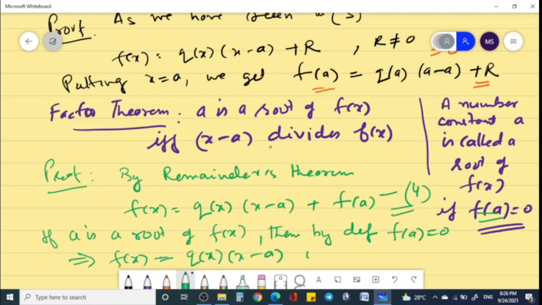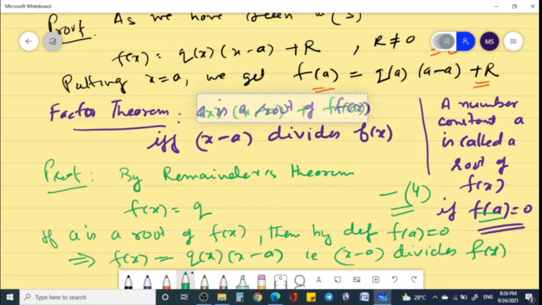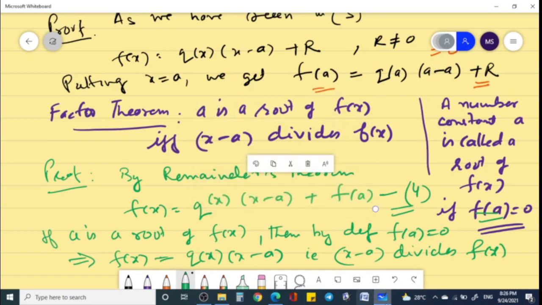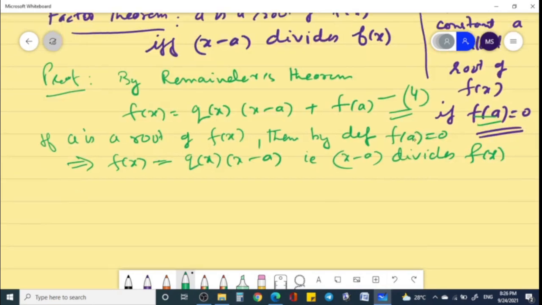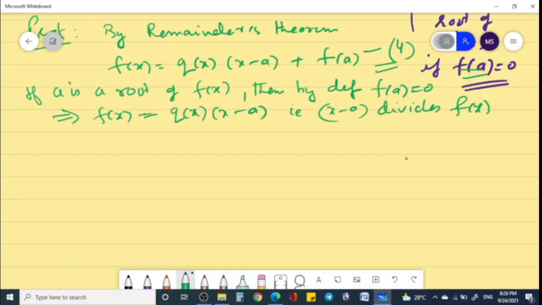So by definition x minus a divides f(x). This is one part of the factor theorem.